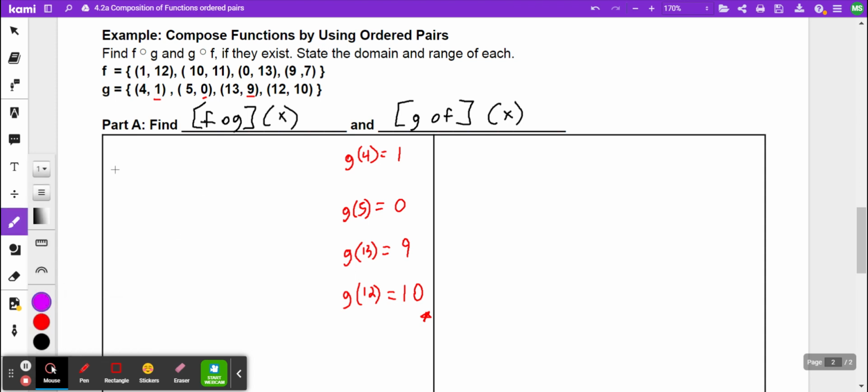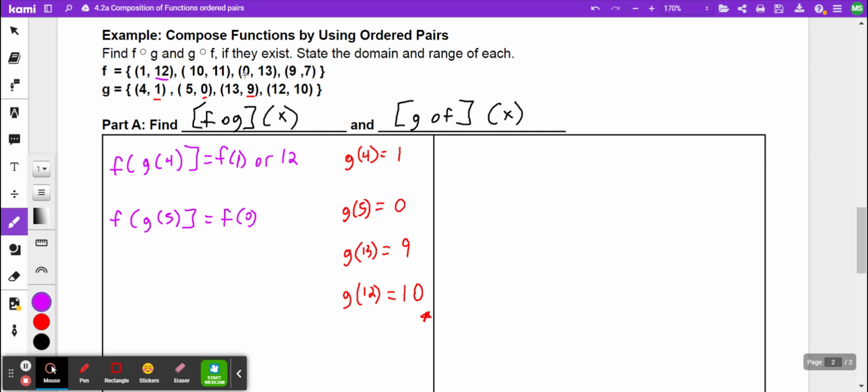We have f of g of 4 right there, and that's going to equal f of 1, which, if we plugged in 1, we get 12. And then f of g of 5 is f of 0.